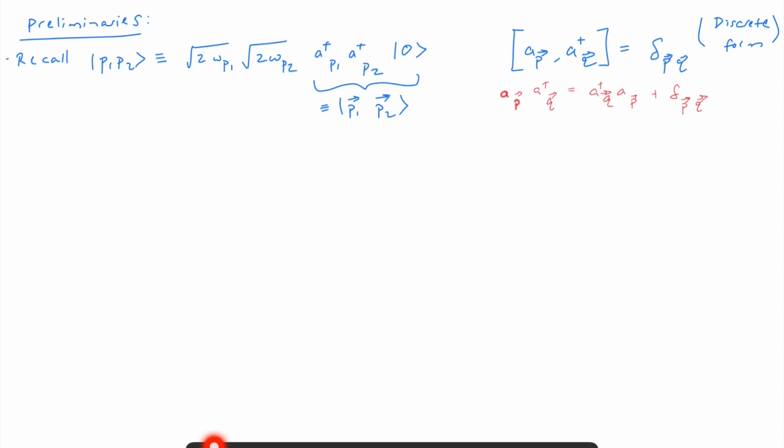Recall when we write this, this is a ket that represents P1 and P2, two particles, one of momentum P1 and the other momentum P2. When we don't put an arrow on top, this represents a state of two particles, which we can create by acting on the vacuum state with a dagger P1, a dagger P2.